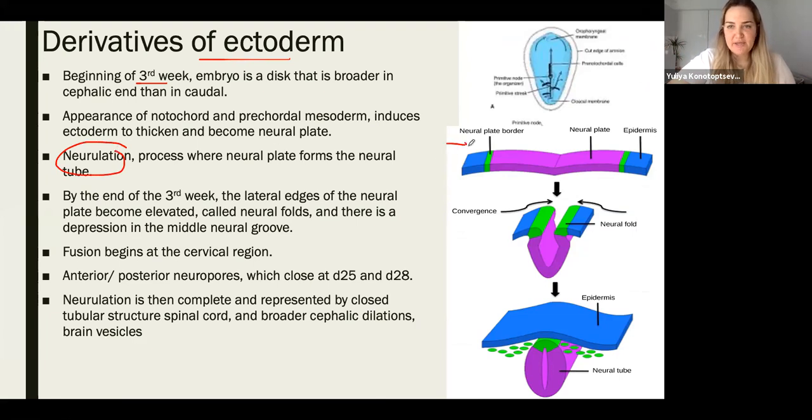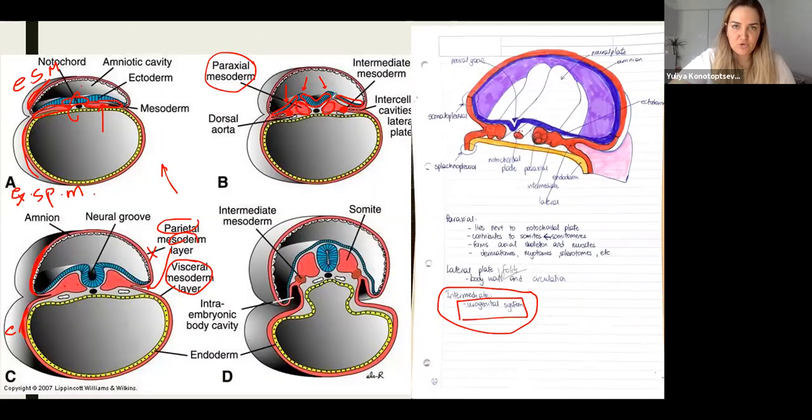Is this picture clear? So I don't have to go back to the previous one. Do you see this is the neural plate, right? It sort of starts to fold. Okay, so this is the ectoderm right here. This is the surface ectoderm, your future epidermis, the same as here.